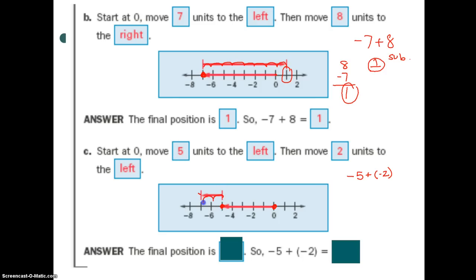Go left 2. What number are you at? Negative 7. These are the same sign, and if it's the same sign, you want to add. So just ignore the signs and add the numbers, and then what's the sign that they both have in common? A negative.